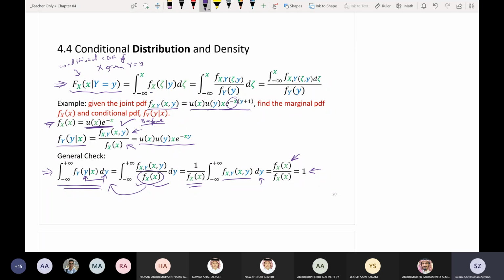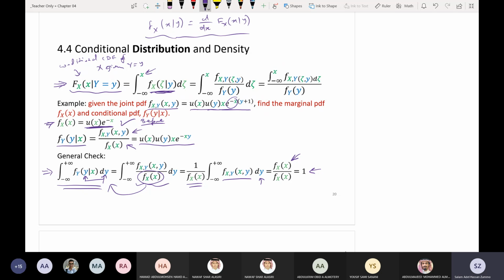Simply, this is the integral of the conditional density from minus infinity to x, because we know that the conditional PDF of x given y is equal to the derivative of the conditional CDF. We know this from the relationship between any density and any distribution. So the conditional distribution function is the integral from minus infinity to x of the conditional density function.